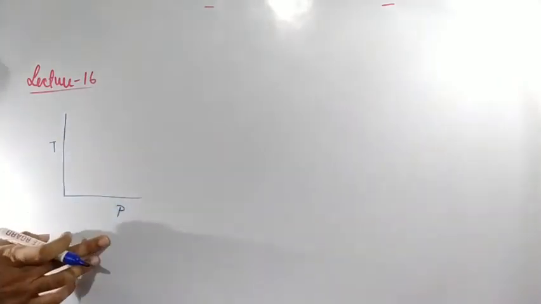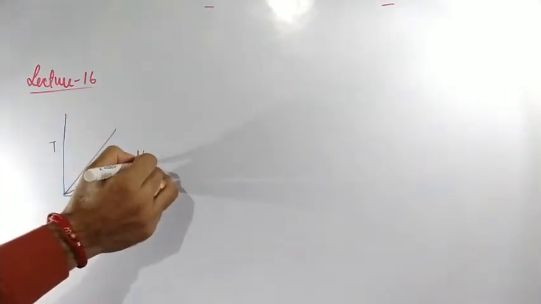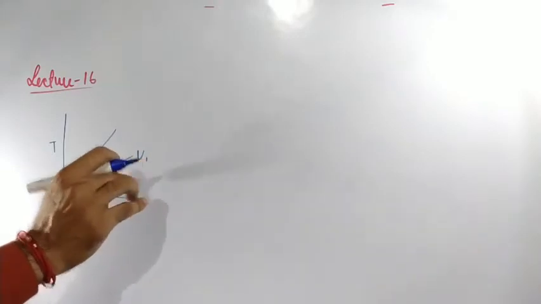So next one. Next we have the pressure temperature graph. Here pressure is taken and here temperature, and we have two lines specifically for V1 as well as V2.